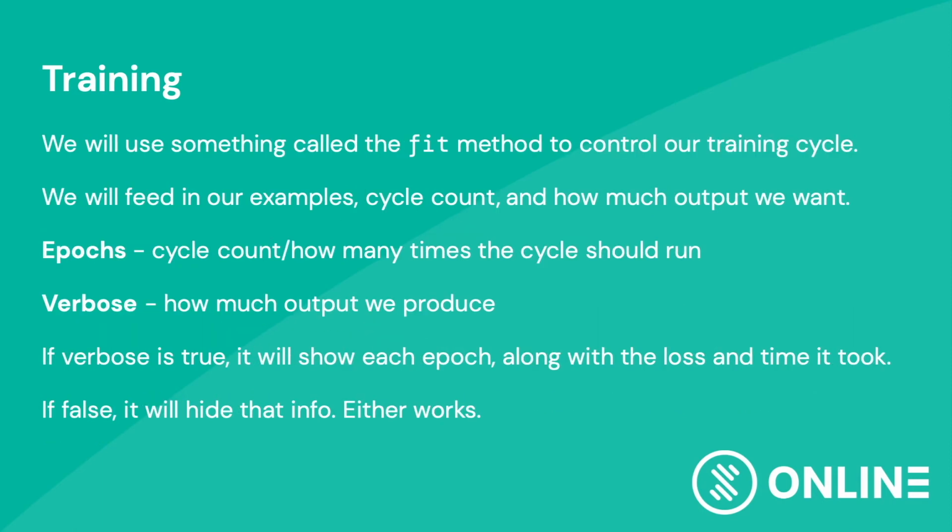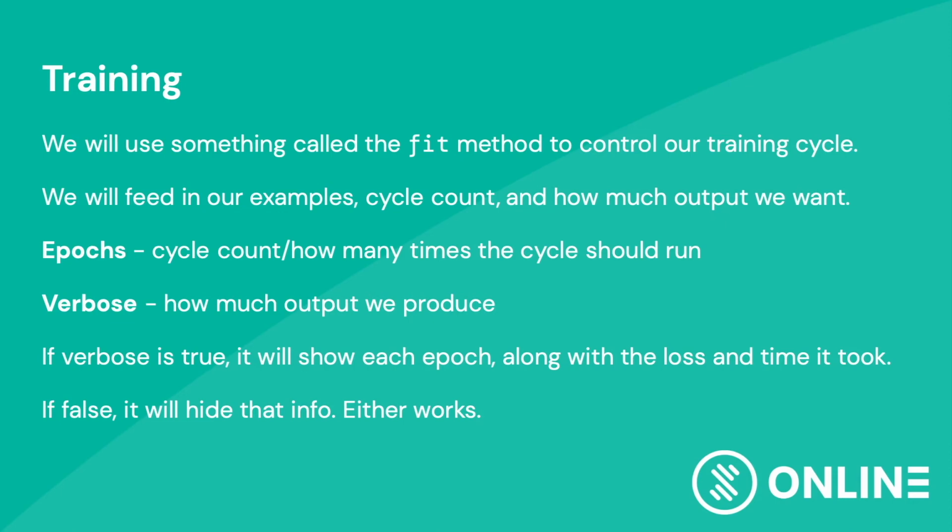The weights are the internal variables, which are calculations that it's using to affect the input. To control our training cycle, we're going to be using something called the fit method. This allows us to feed in our examples, something called cycle count, and how much output we want. We already saw this term before, epochs. Epochs are basically our cycle count, or how many times we want them to go through the examples. We're only going to be giving them a few examples, so the more the machine learning program can run through the examples, the better.